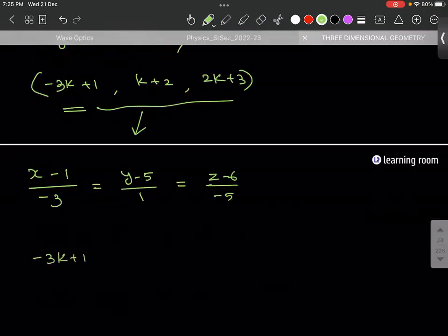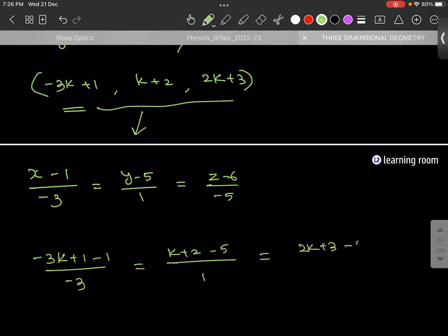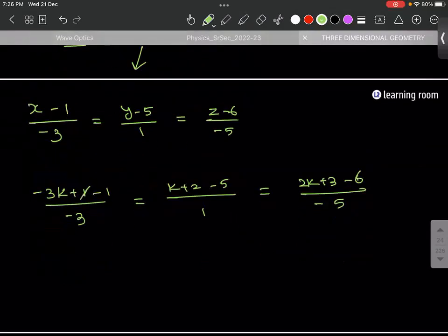Minus 3k plus 1 minus 1 divided by minus 3 is equal to k plus 2 minus 5 divided by 1 is equal to 2k plus 3 minus 6 divided by minus 5. So 1 and 1 are gone. You will get k here. Here you are getting k minus 3 divided by k minus 3.